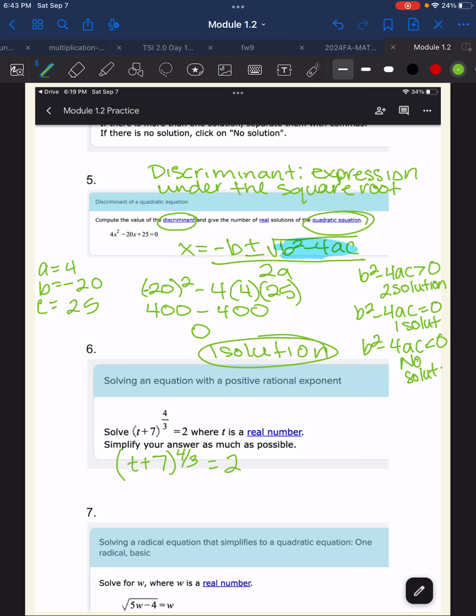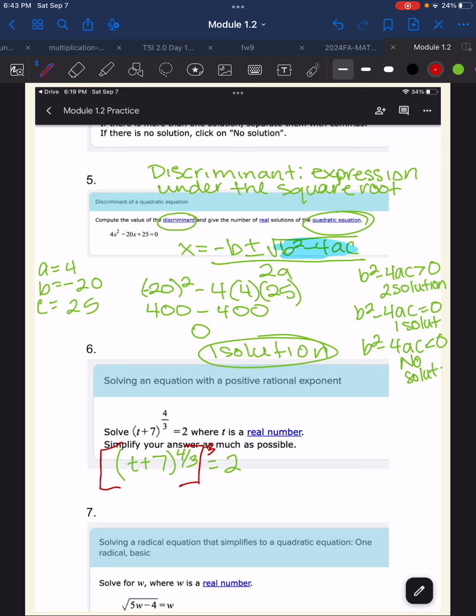Well, right now, that denominator is 3. To get rid of that denominator, I'm going to put all of that to the power of 3, so that cancels out. The reason why I'm able to do that is because, let me do this really quick.